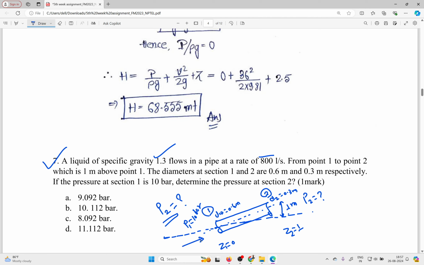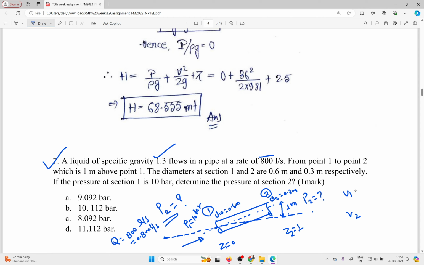And your discharge is given here, Q is equal to 800 liter per second, so 0.8 meter cube per second. From here you can calculate your velocity V1 and V2. Here the diagram is a little bit modified. This side your dimension will be more compared to this side. For time being, let us consider like that.